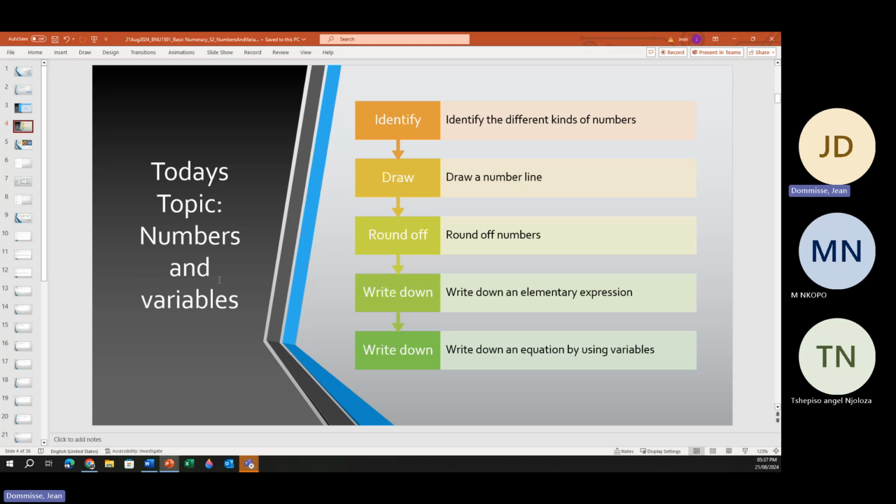So we look at that. You will never need to draw a number line. We're going to look at it, but more for explanation of the numbers. They will not ask you in the assignments or the exam about drawing a number line. So we're going to look at it, but more for the background.